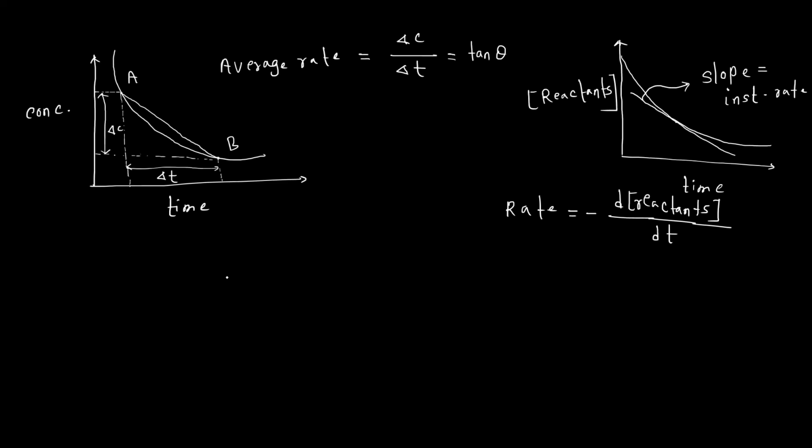If we want to express the rates in terms of products, we take the concentration of products at y-axis and take the time in x-axis. As the reaction proceeds, the concentration of products increases.